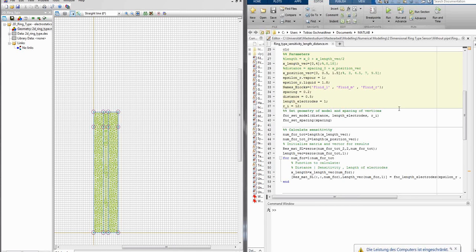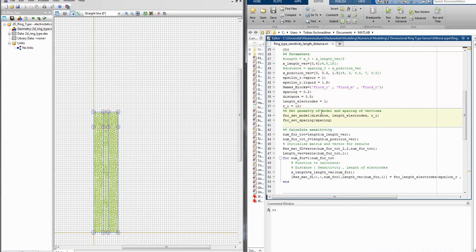The present example shows the simulation file regarding the design of the sensor, and it is pretty much the same as the other two examples. Here the QuickField file is shown on the left, and the MATLAB code on the right.